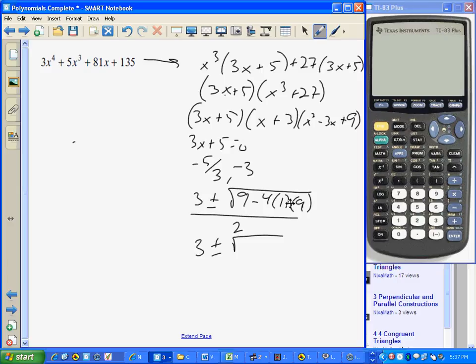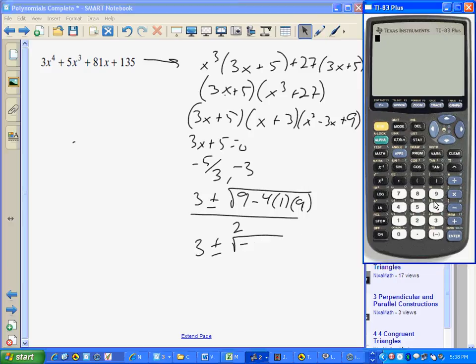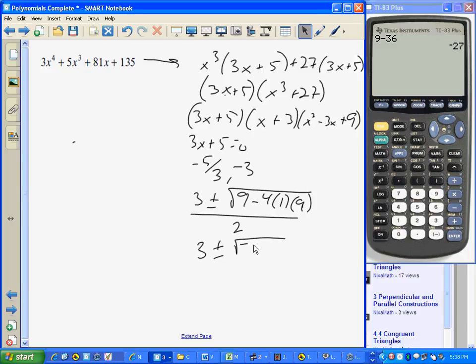So I've got 9 minus 36, which is, I'm blanking here, negative 27, divided by 2. I'm going to break that down.